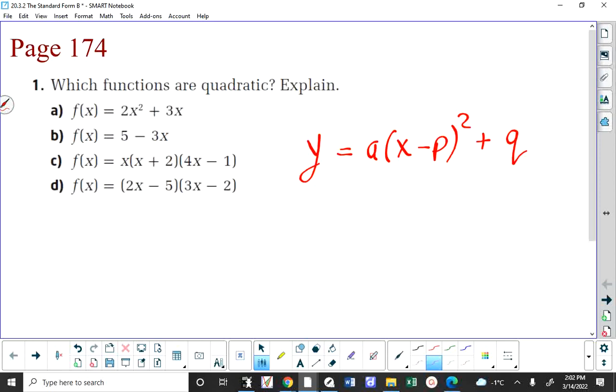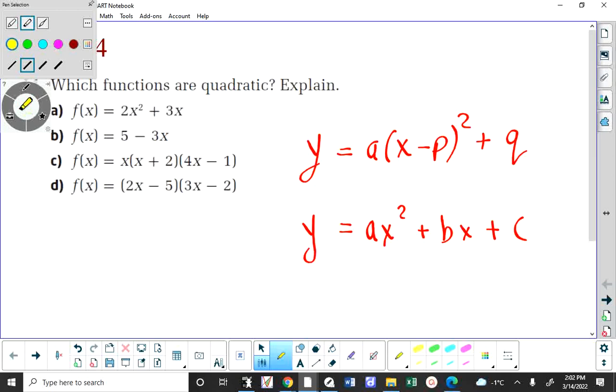But we learned that if you expand this out, you can get a different form, which looks like ax squared plus bx plus c equals y. And it is important, I think, for you to understand that whatever the value of the parameter a is in the vertex form, that's the value of the parameter a in the standard form.